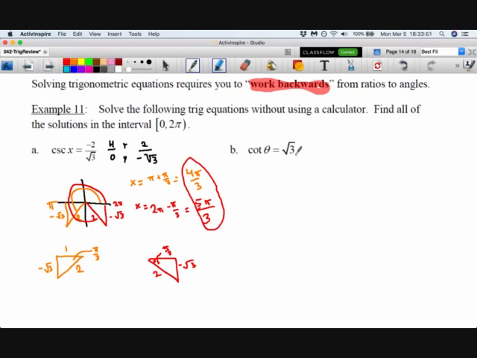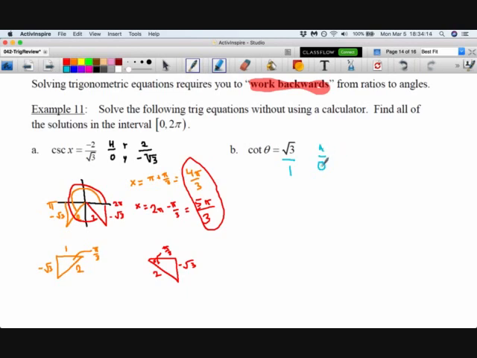3, 2, 1. The first thing you should notice with B, and feel free to pause this if I give you a hint, and that makes it feel like it's clear to you, is that cotangent is not written as a ratio. We want cotangent as a ratio. Cotangent should be adjacent over opposite. I'm sorry, opposite and hypotenuse sound similar to me.